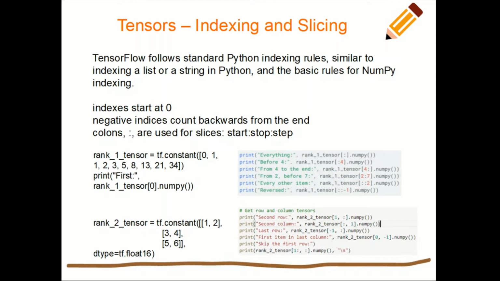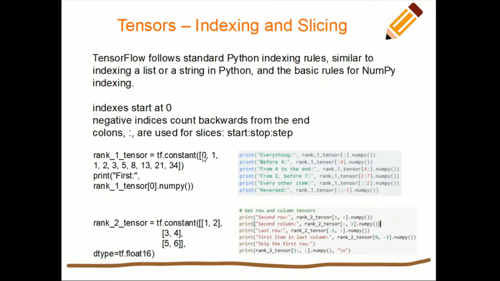Now what is the concept of tensor indexing and slicing? Indexing is all about getting to a specific element of the tensor. Say for example, here we have a one-dimensional tensor. How do we get the first value? We say rank 1 tensor. This is where we have created the tensor, and then we can access it using 0.numpy value.